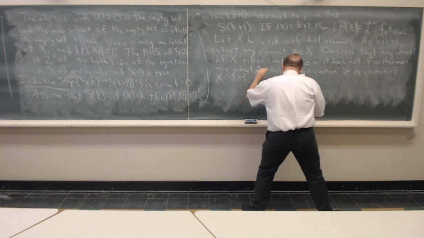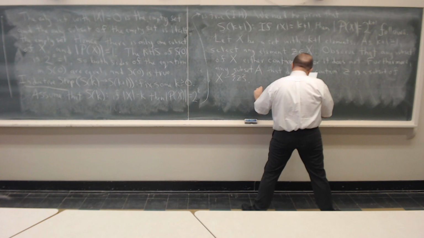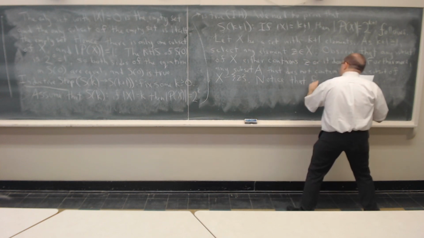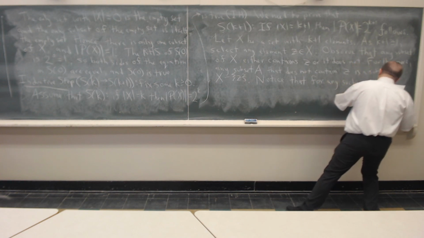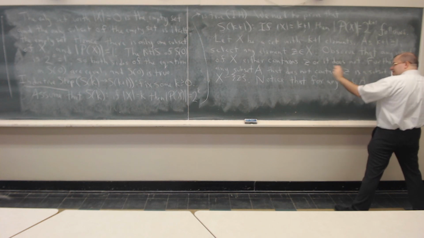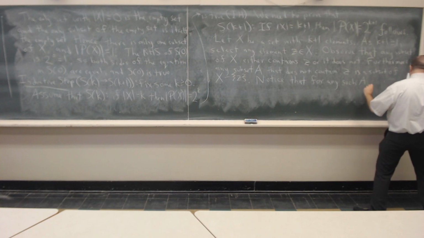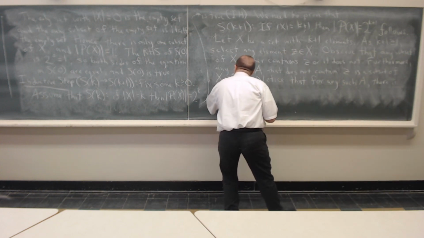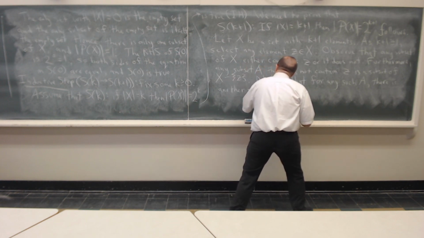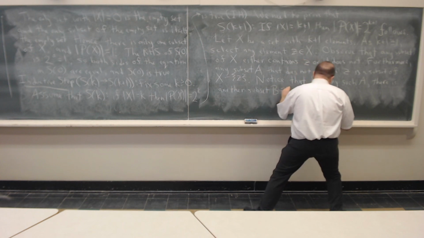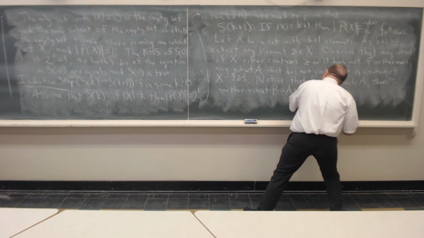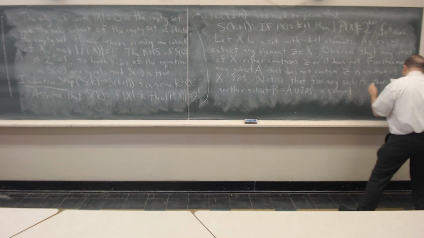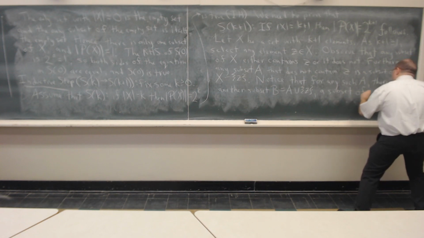So notice that for any such A, remember I'm talking about the subset that doesn't contain z, any such A, there is another subset, B, which is just going to be equal to A union z, a subset of X containing z.